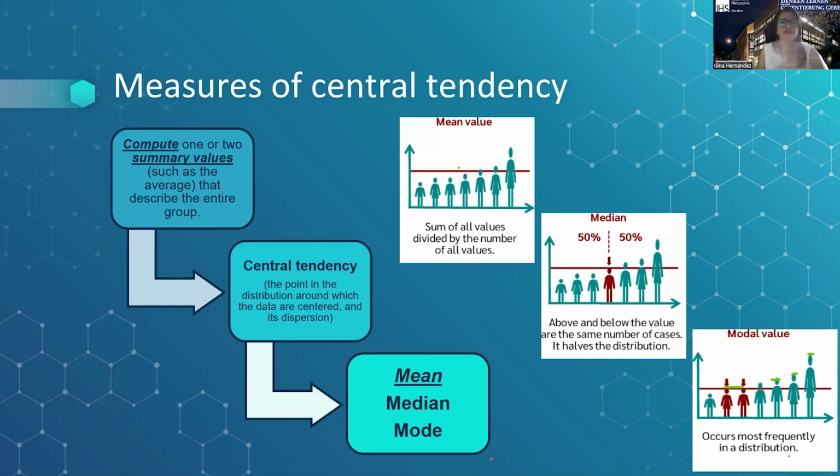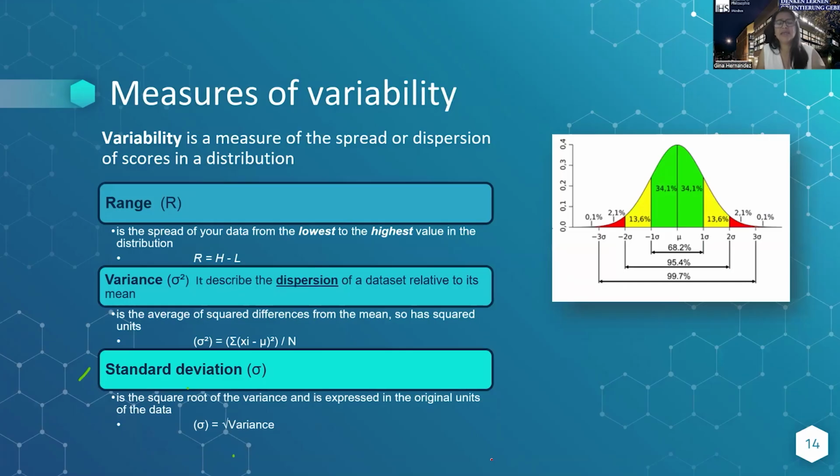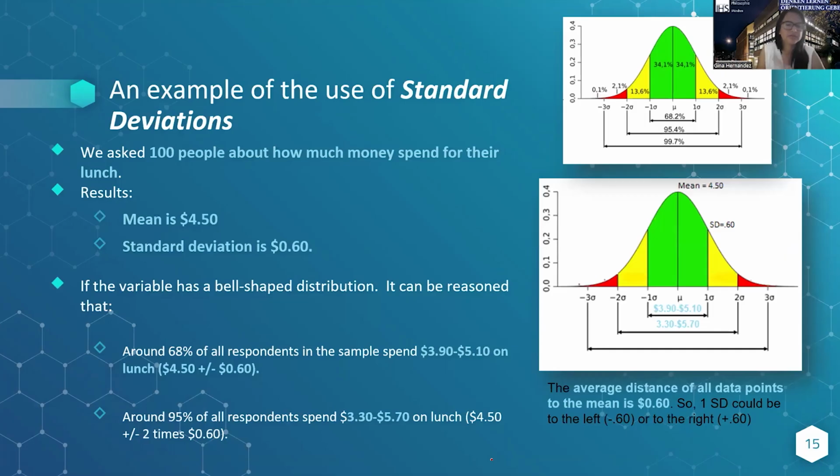The main measures of central tendency, as we already discussed, are the mean, the median, and the mode. And for the measures of variability, we have the range, the variance, and the standard deviation. I already told you the most important one that you should keep track of is the standard deviation, and we will continue talking about that in our following sessions.